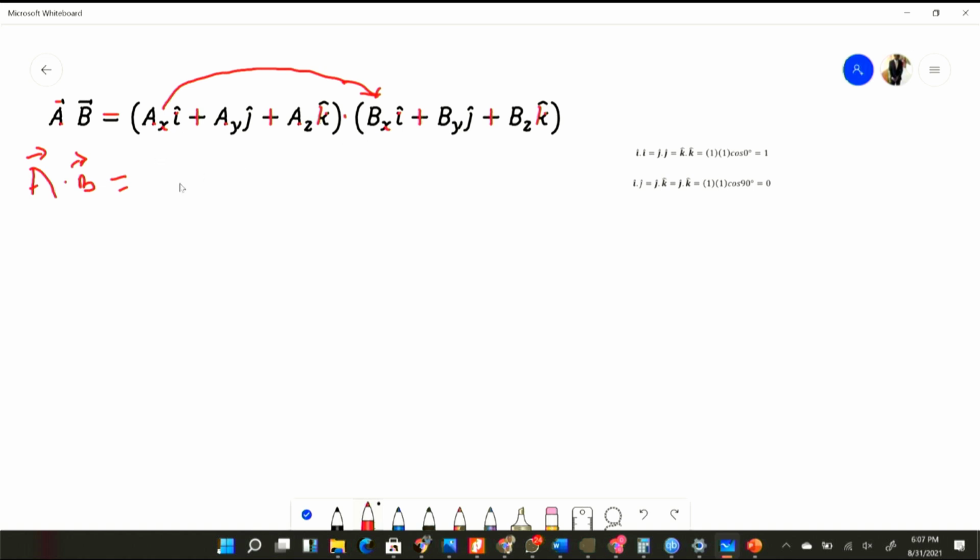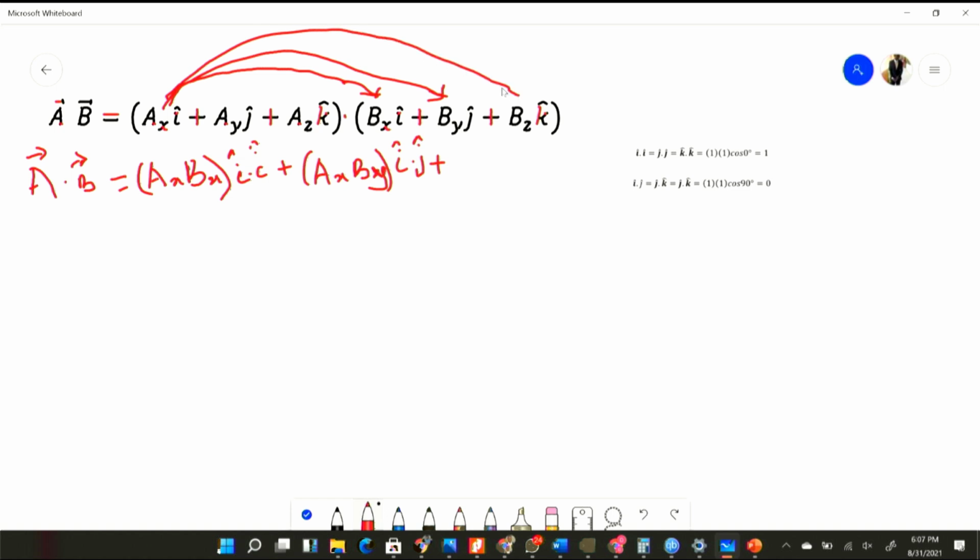We have AX multiplying BX, so we have AX BX, and the unit vector here is I dot I. Plus AX also multiplying BY, so we have AX BY, and the unit vector here is I dot J. And the next one is AX multiplying the third component of B, which is AX BZ, and the unit vector is I dot K.